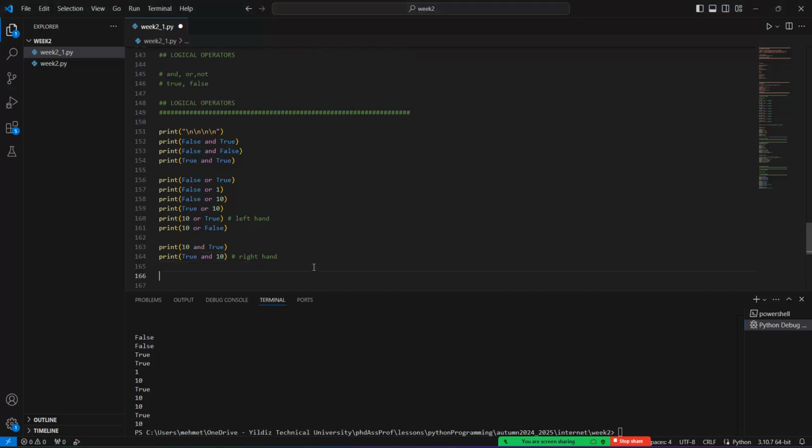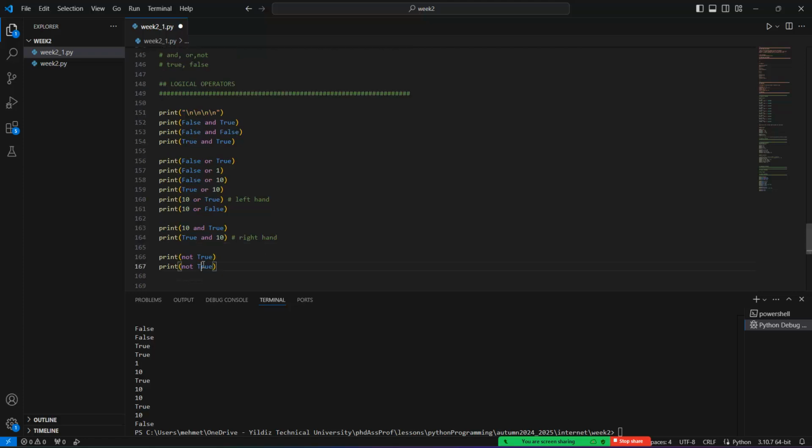Or print not true can be given in here, and so this is false. Or not minus 150. What is the output of this code? This is false.